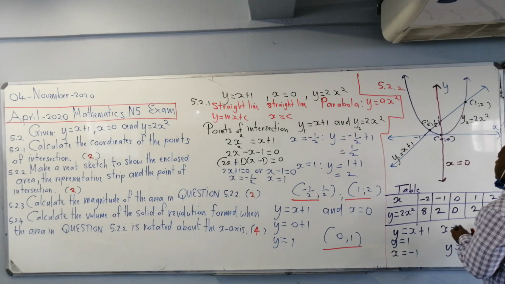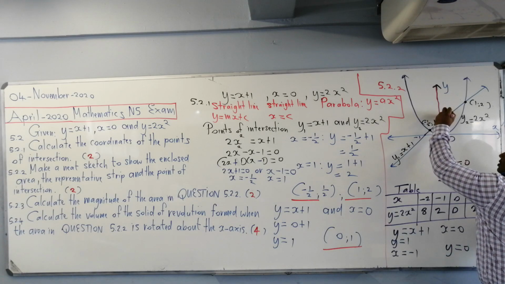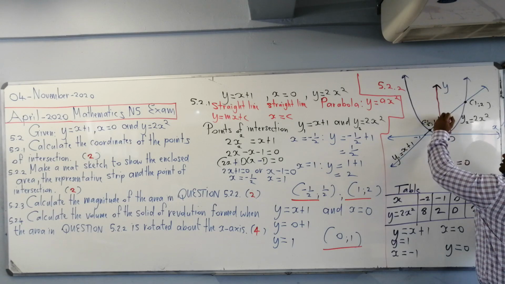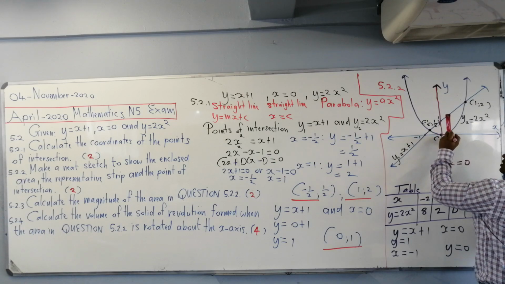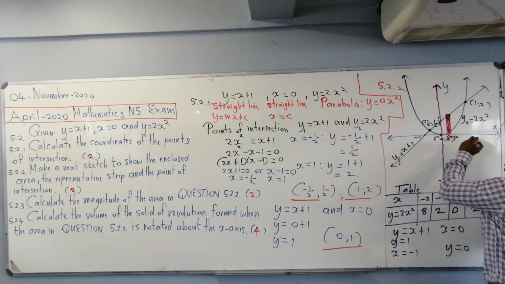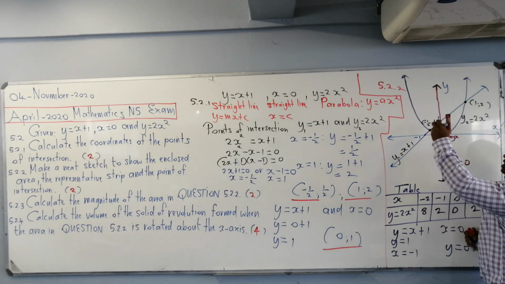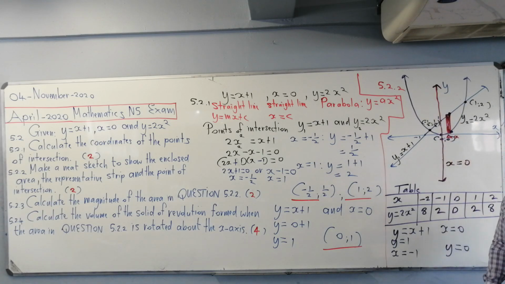So let's draw our representative rectangle with a breadth of delta x. And check what's touching the top end and what's touching the bottom end of that rectangle.